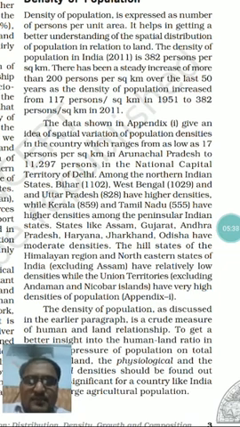So there was an increase of around 200% from 1951 to 2001, and by 2011 an increase of around 230 to 240%.